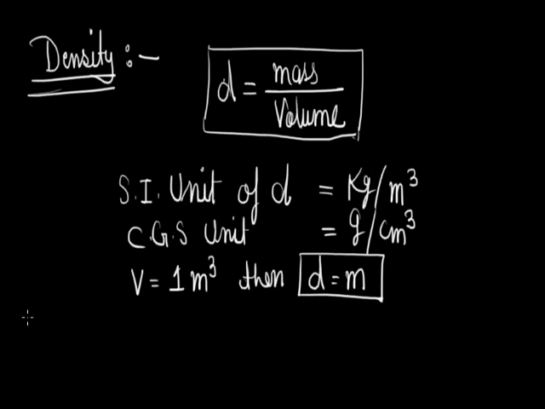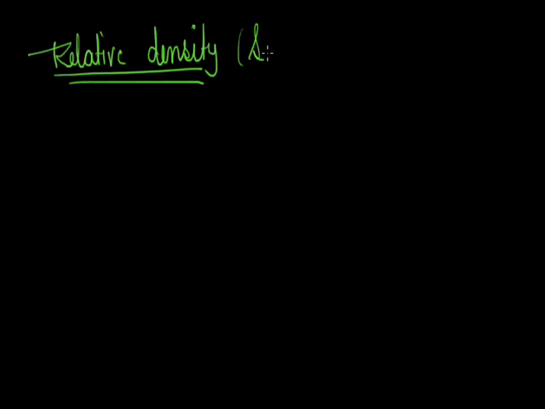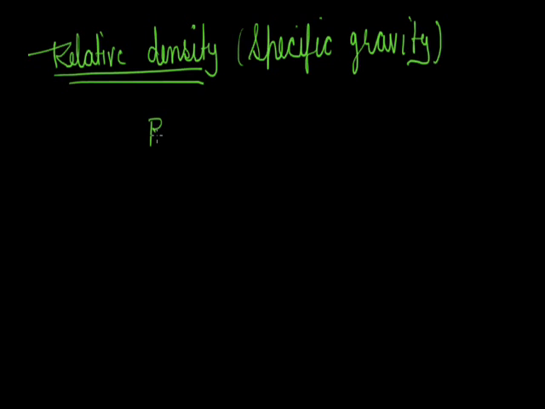Now the relative density, or we can say specific gravity. The ratio of the density of a substance to the density of water at 4 degrees centigrade is known as the relative density of the substance.